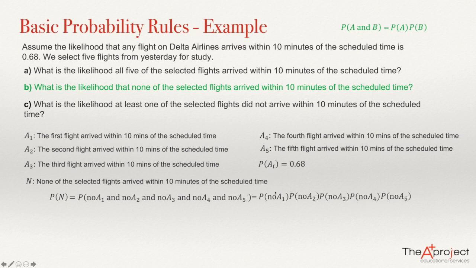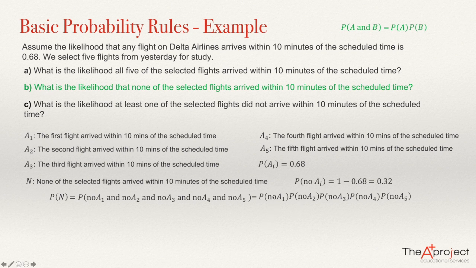If we know the probability of A1, we also know the probability of no A1, because if the probability of A1 is 0.68, the probability of no A1 will be 1 minus 0.68. Let's type this here. The probability of no Ai, wherever i is between 1 and 5, will be 1 minus 0.68, and this is equal to 0.32.